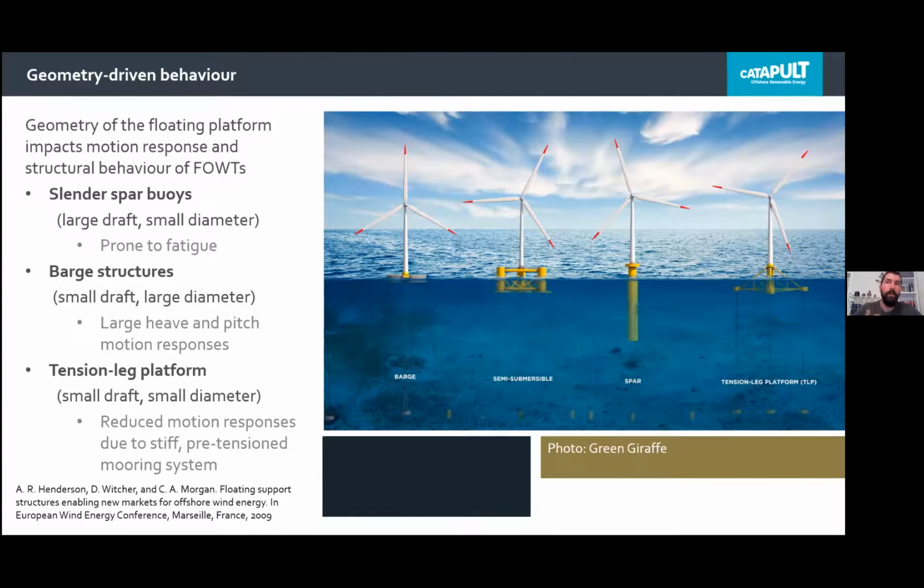There is a third option, which is a small draft and small diameter, typical for tension platforms. In this case, we are reducing all the motion responses because the entire system is stiffer. And this is, as has been mentioned multiple times today, because the stability is provided by the pre-tensioned mooring lines instead of the hydrostatically stiff floating substructure.